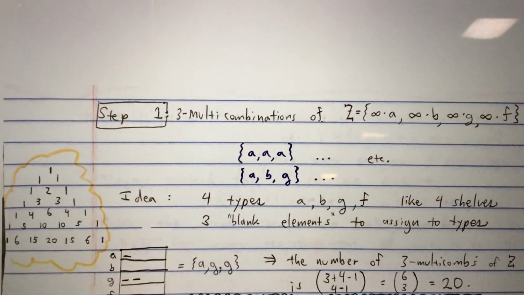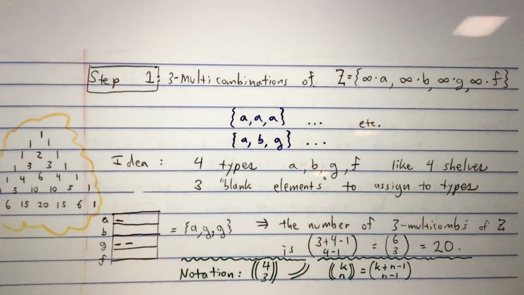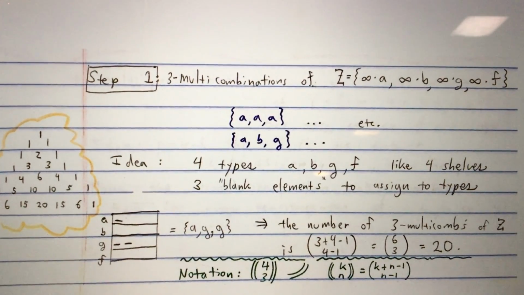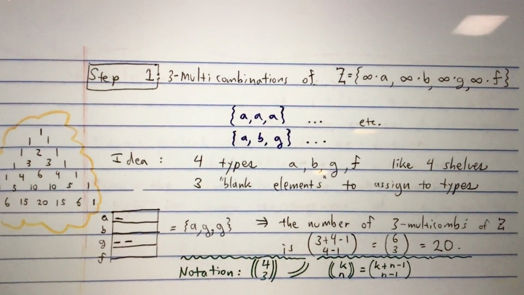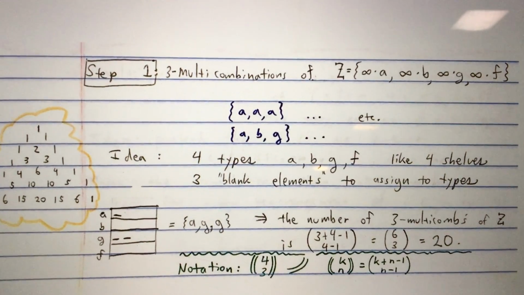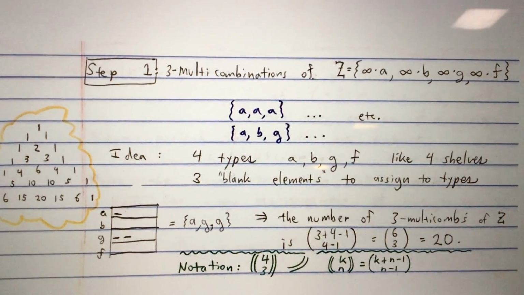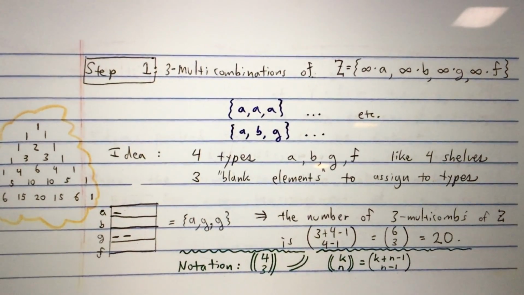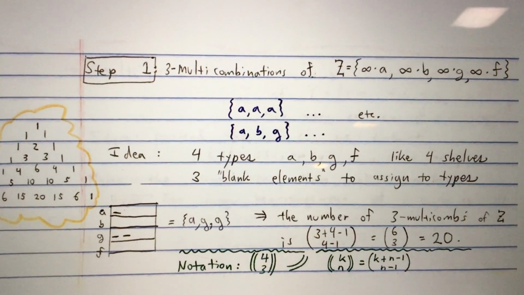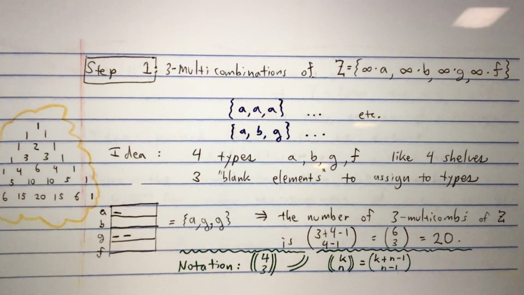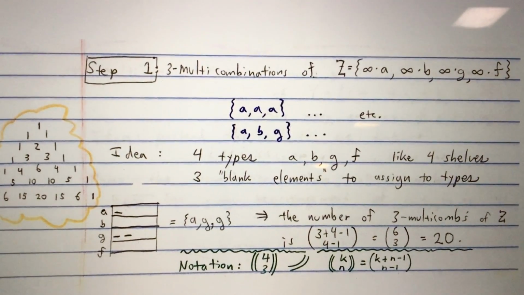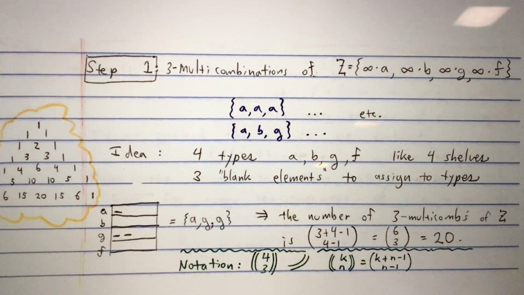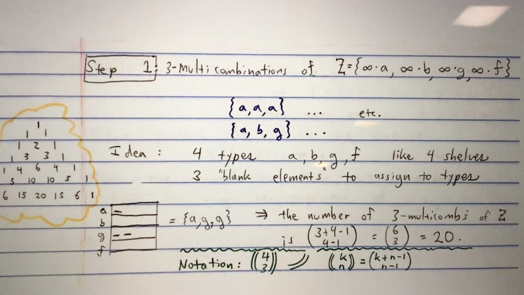So leave some space there, and here's step 1 in the goal. I think we can do step 1 here. Step 1 is to look for 3 multi-combinations of a new multiset, Z, equal to infinity A's, infinity B's, infinity G's, and infinity F's. In other words, it's an infinite size multiset, and it has an infinity of each of those 4 types in it.